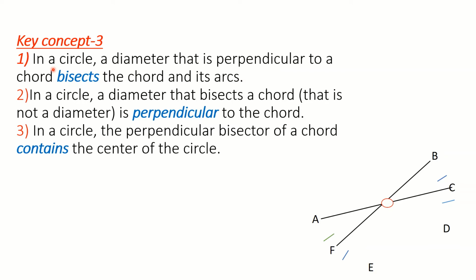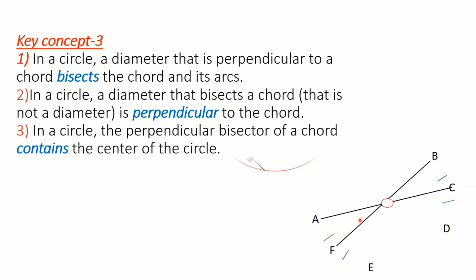Number 2, in a circle, a diameter that bisects a chord that's not a diameter is perpendicular to the chord. Number 3, in a circle, the perpendicular bisector of a chord contains the center of the circle. So here we have 3 concepts.